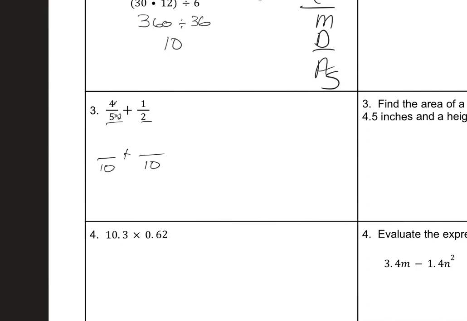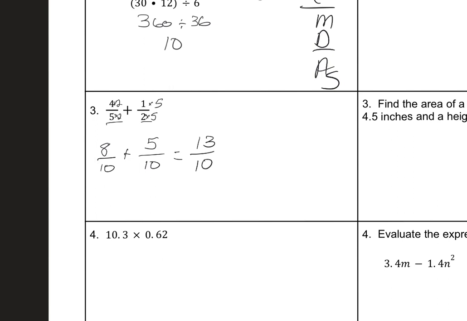Well, that's 2, so I'm going to multiply my numerator, the 4, times the same 2, and get 8. What do I multiply times my denominator of 2 to get the 10 at the bottom? That's 5, so I'm going to multiply my numerator times 5 as well to get 5/10. Add straight across, get 13/10.